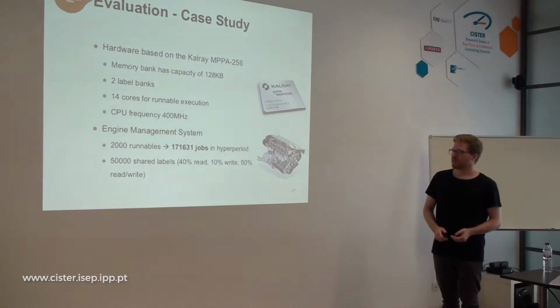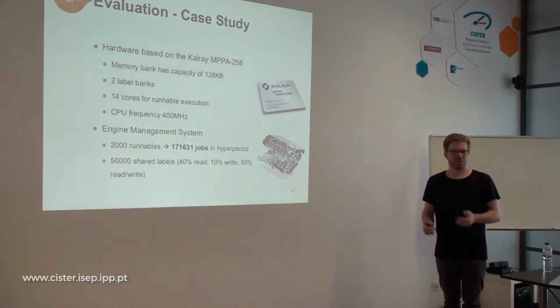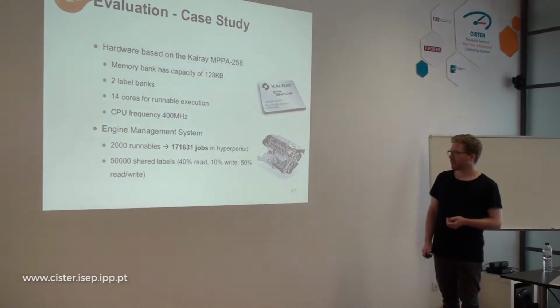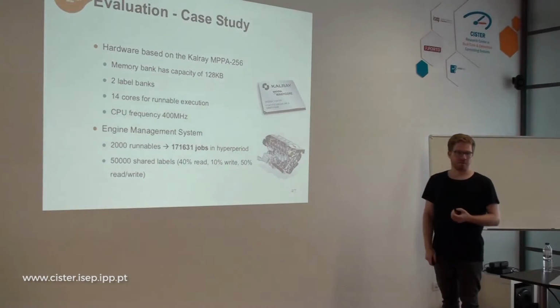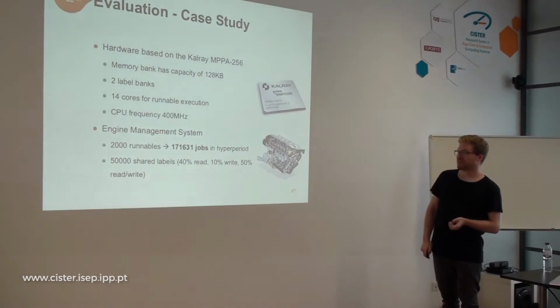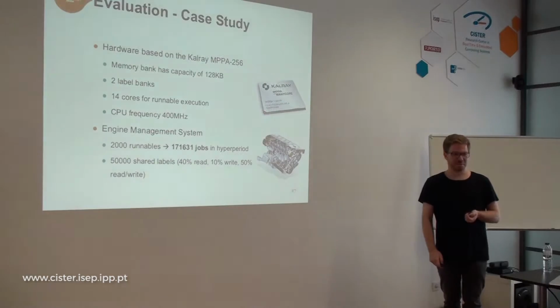Our application was an engine management system, because engine management systems count among the most complex applications in the automotive domain. In our system, we can find 2,000 runnables, which led to 171,631 jobs, which we need to schedule in one hyperperiod.